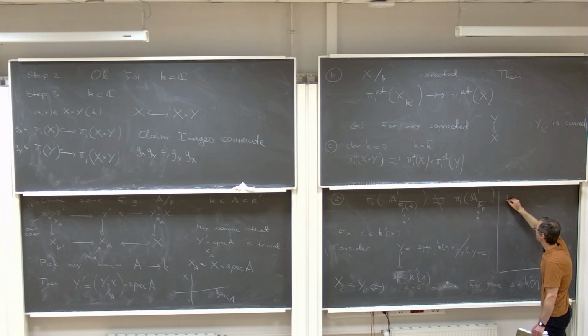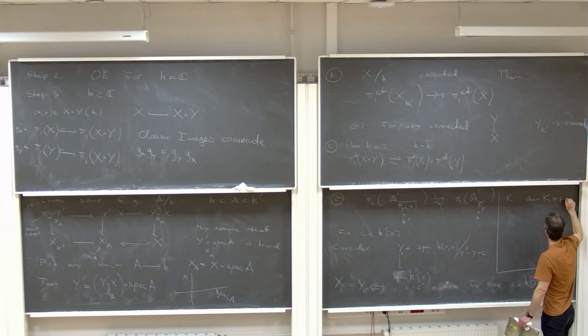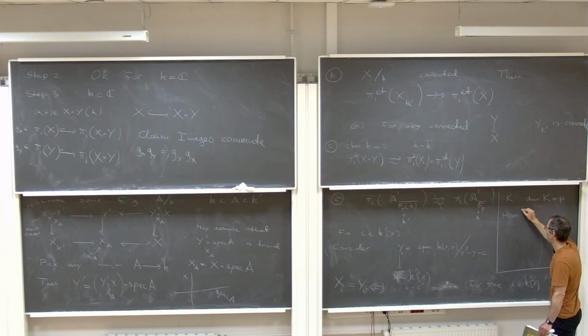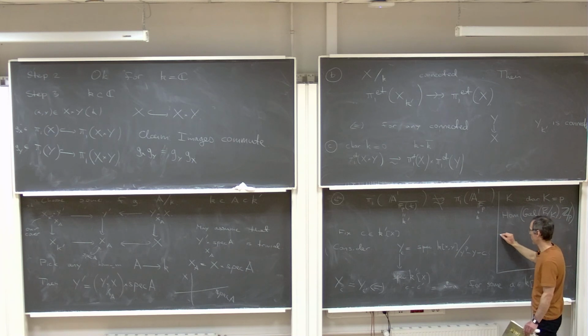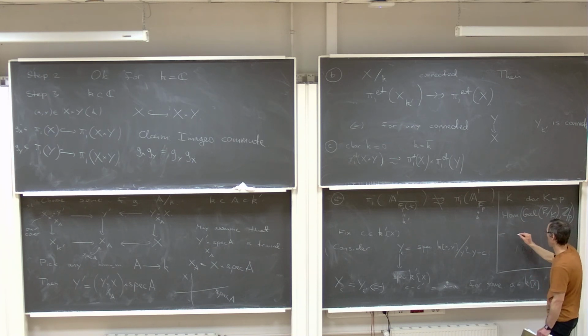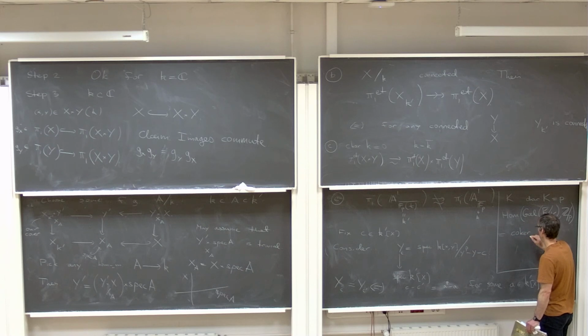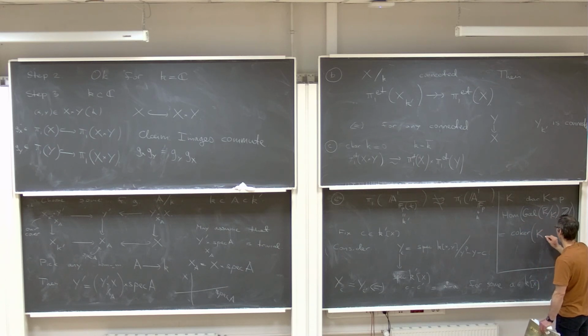If you have any field k of characteristic p, then homomorphisms from the Galois group of k bar over k to Z mod pZ is the same as the cokernel of the Artin-Schreier map from k to k, which takes a to a to the pth power minus a.